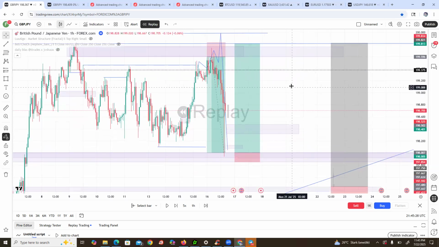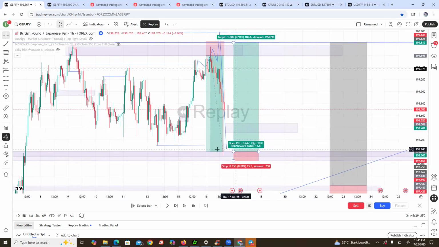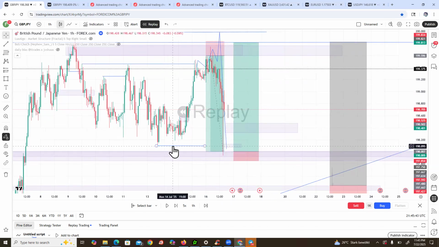And another thing I realized is that a valid point of interest always gives you a sniper entry. That's what happens with a very valid point of interest. So it has cleared this liquidity here, then tapped a point of interest. Let's see what happens next.